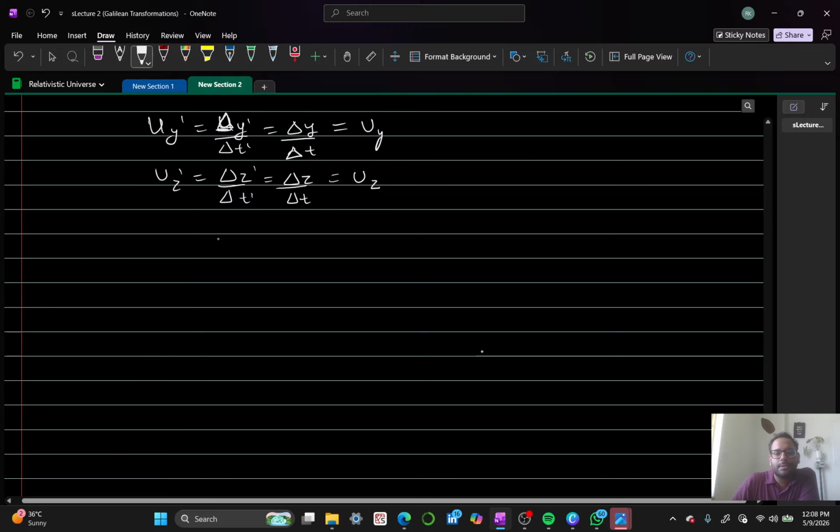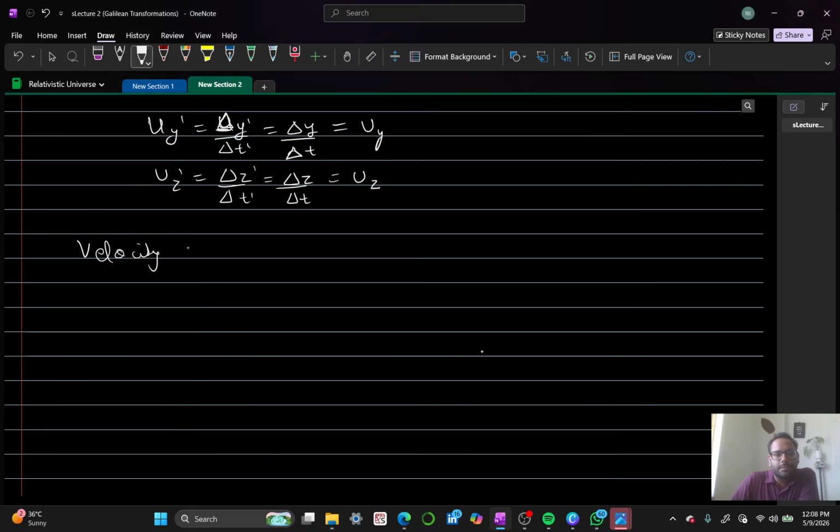The velocity transformations are ux prime is equal to ux minus v, uy prime is equal to uy, uz prime is equal to uz.